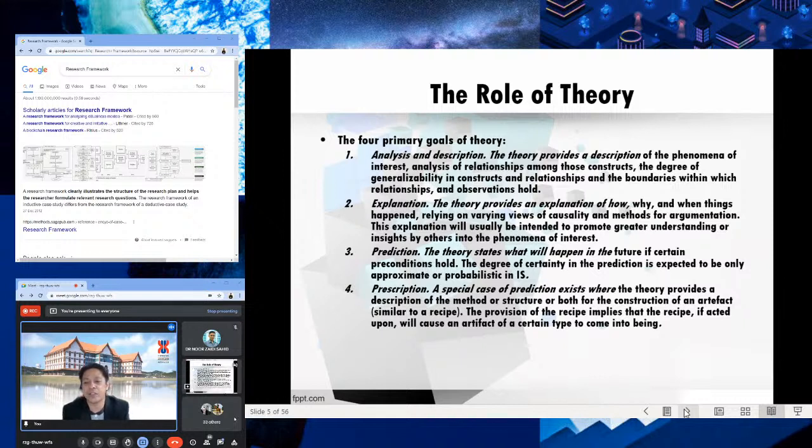So these are the 4 roles of theories that we can use as part of our research. Especially in information management or IT study, we need theory to back up our findings, and to identify the related theories that we can use when we start our research, to come up with this research framework.